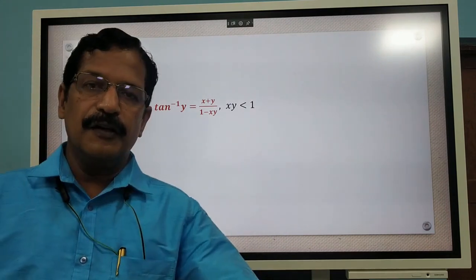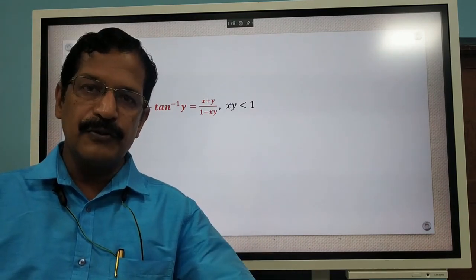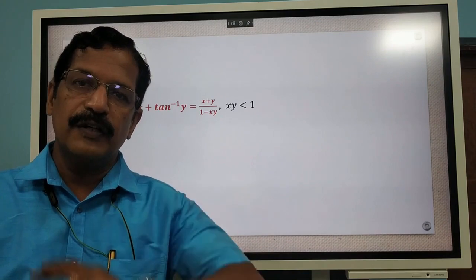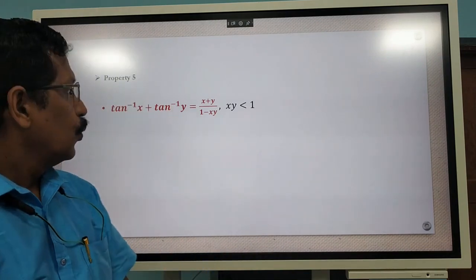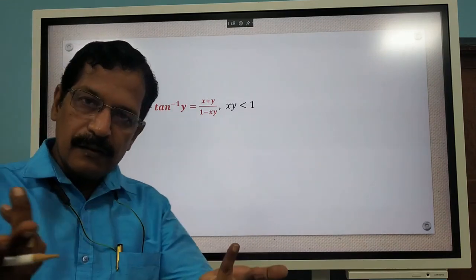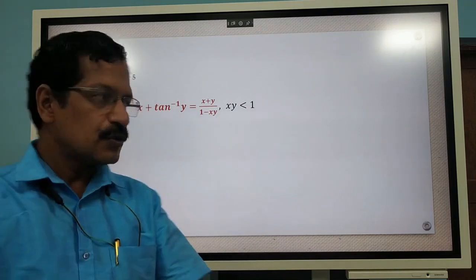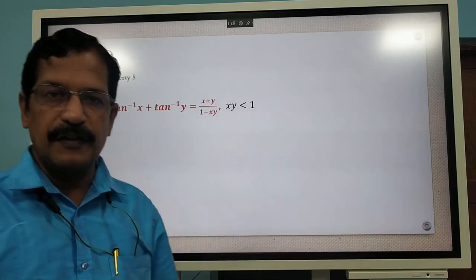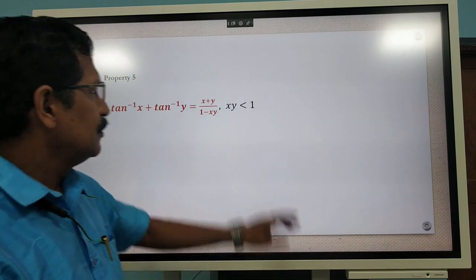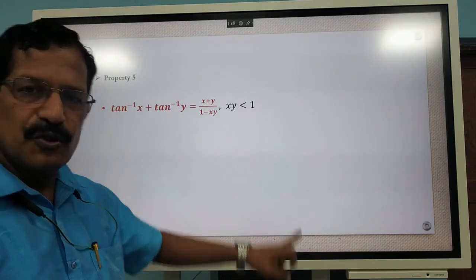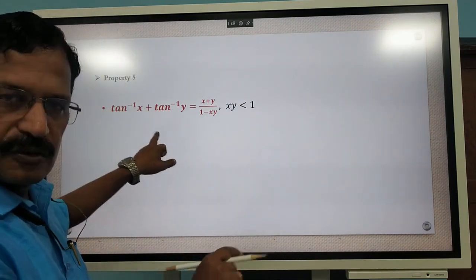It can be x negative, y negative and the product of x and y less than 1. Same way, one positive and one negative, we will get the same condition. Whatever it may be, you just remember that xy should be less than 1, then only this result will hold.